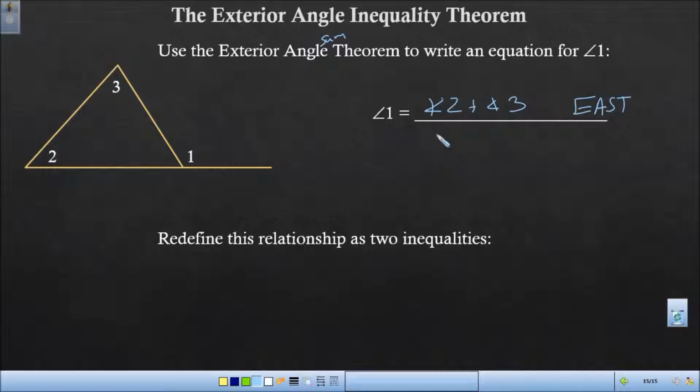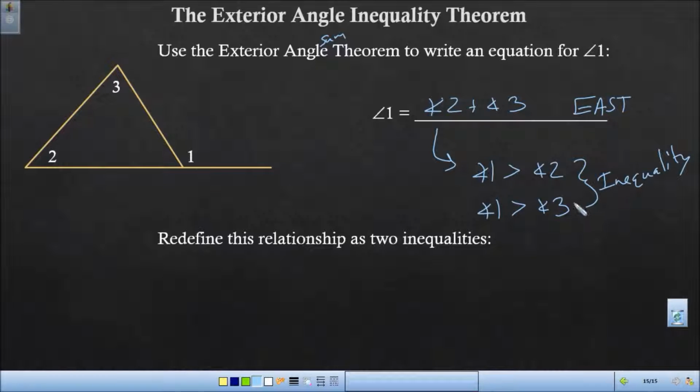Now, from this, we can say that angle 1 is greater than angle 2 by the definition of inequality, and also that angle 1 is greater than angle 3 by the definition of inequality. That generates our exterior angle inequality theorem, which we abbreviate like this.